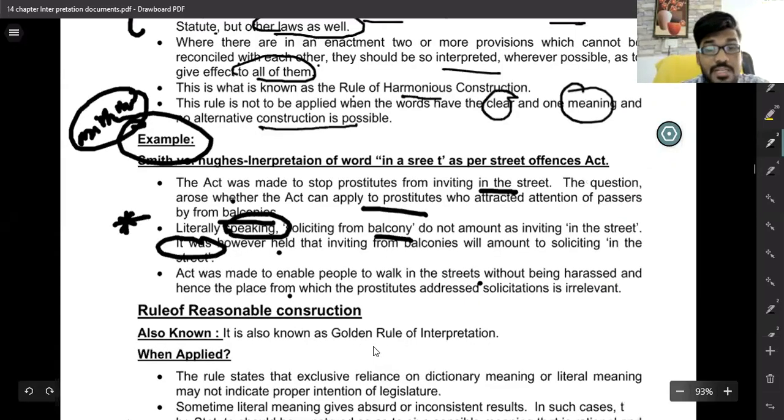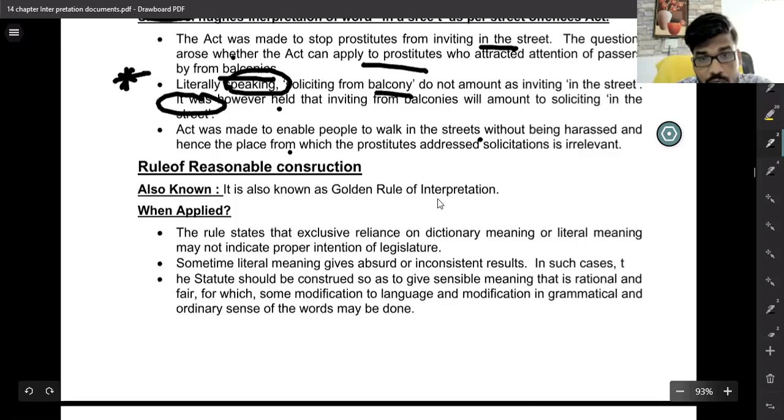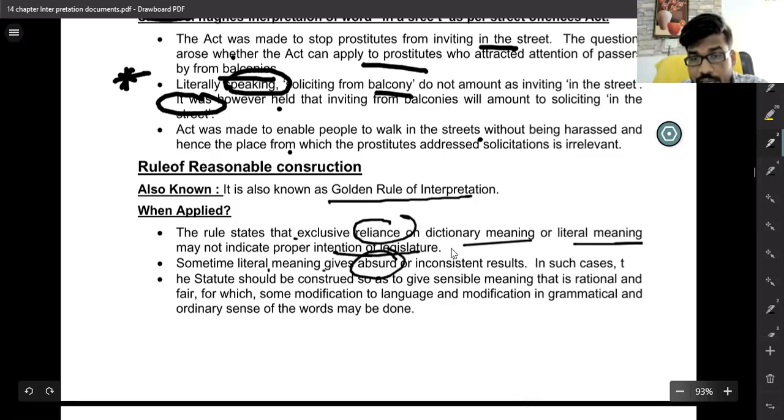What is the rule of reasonable construction? This is the golden rule of interpretation. The rule states that exclusive reliance on dictionary meaning, literal meaning, may not indicate the proper intention of the legislature. Sometimes the literal meaning gives an absurd, inconsistent, unjust result. The statute should be construed to give a sensible meaning, redefining the law.